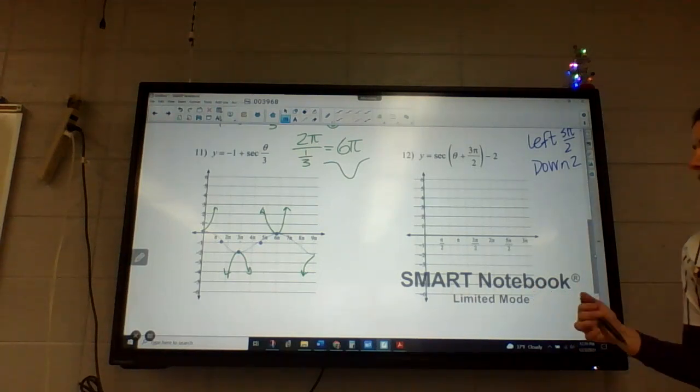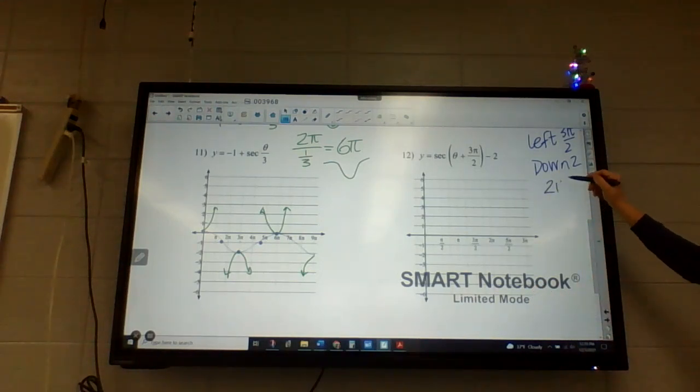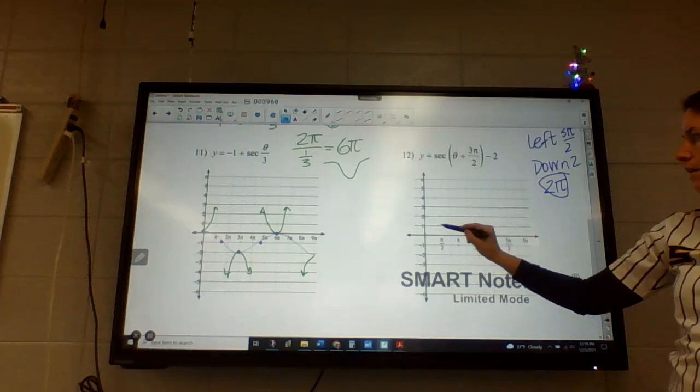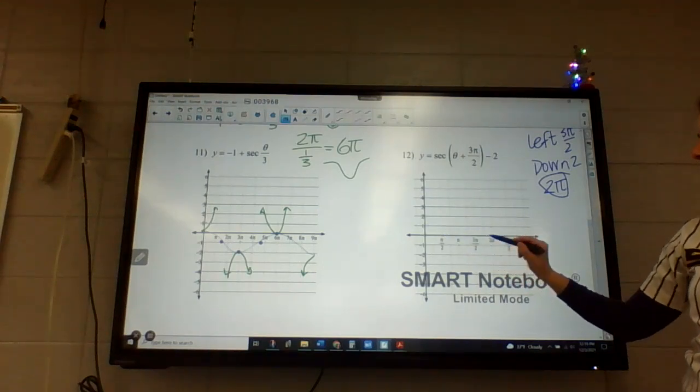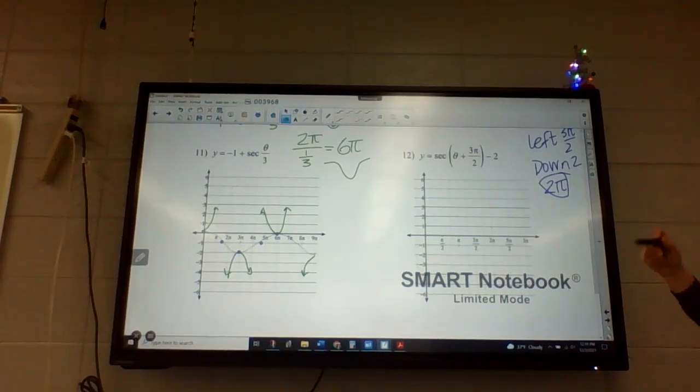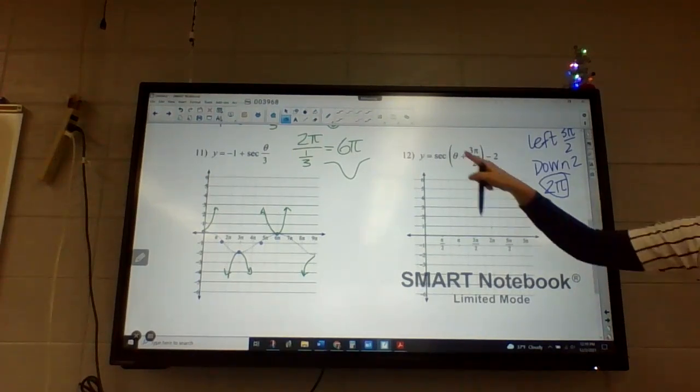Now my normal cosine graph has a 2 pi as my period. So normally it would look like this, so I just did quick little dots there. But I need to move it left 3 pi over 2 and down 2.